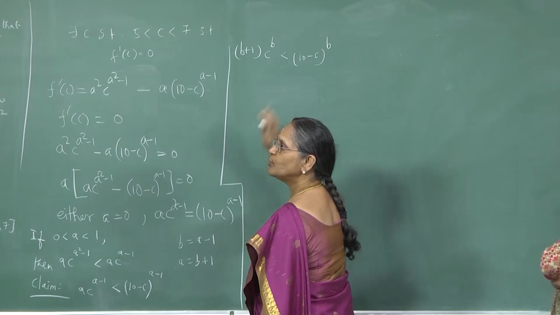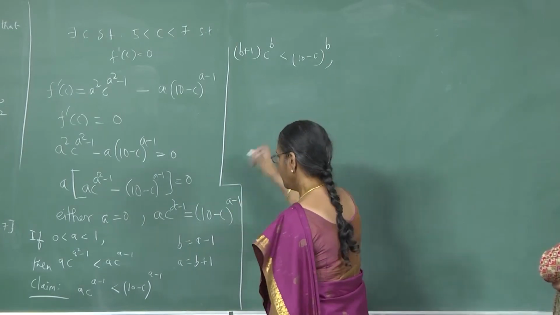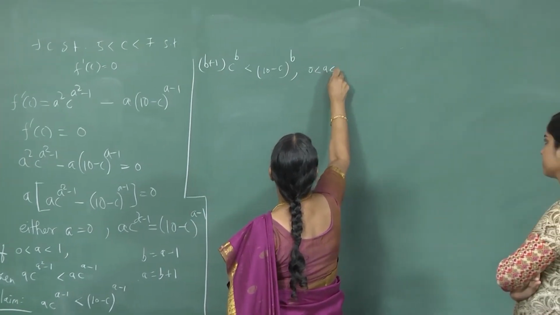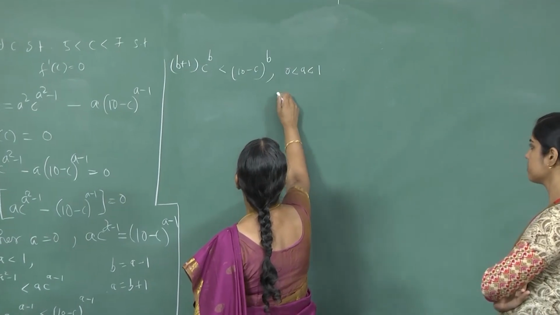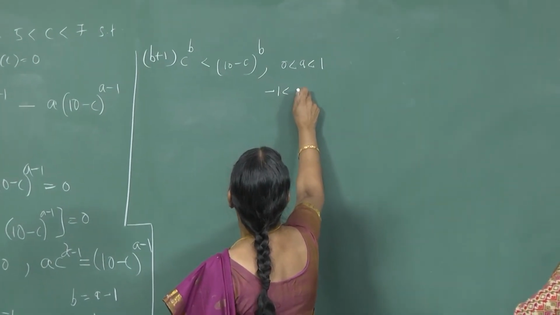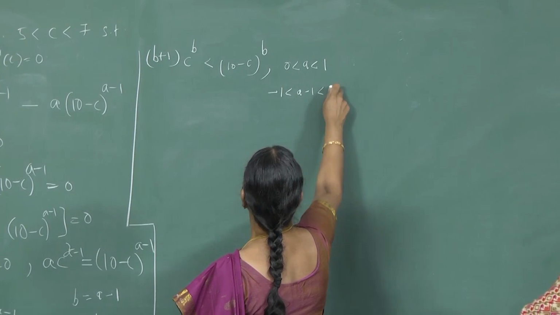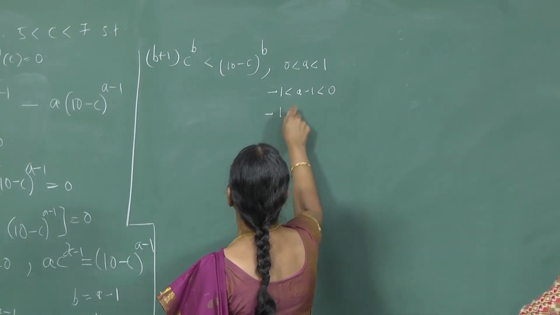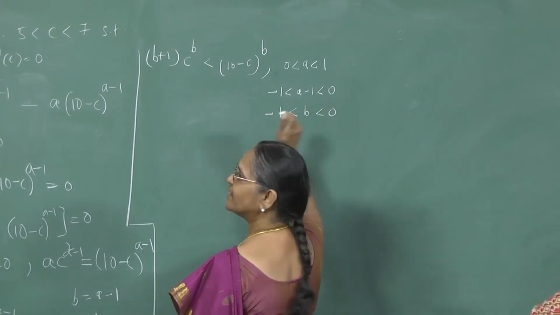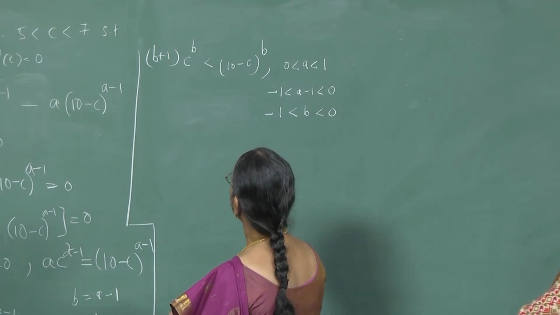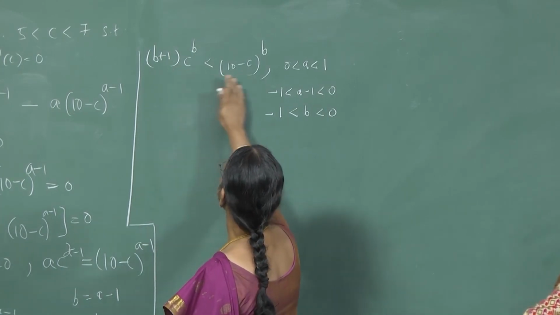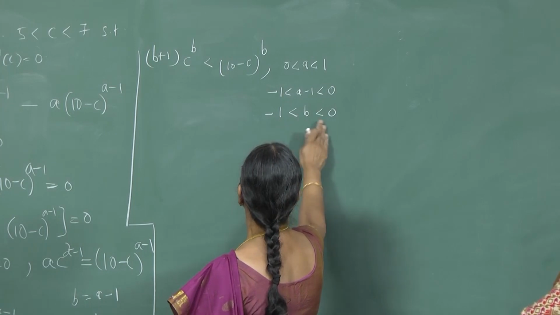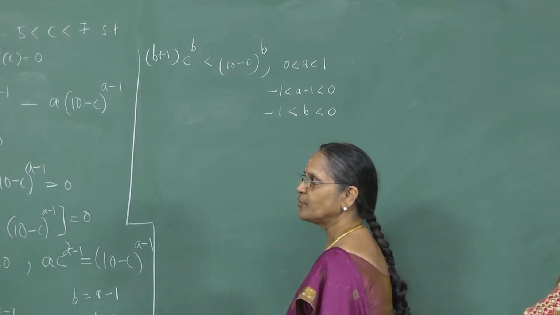This is what I want to show when 0 is less than a less than 1, or minus 1 is less than a minus 1 less than 0, or minus 1 is less than b less than 0. So my claim is that this is satisfied when b lies between minus 1 and 0.